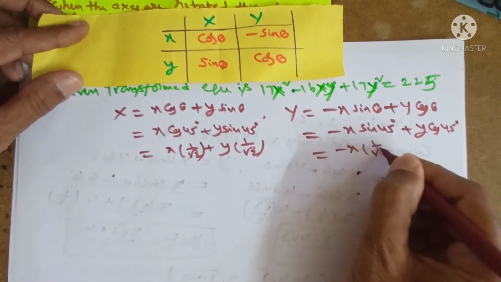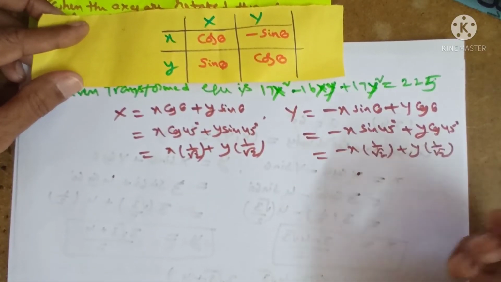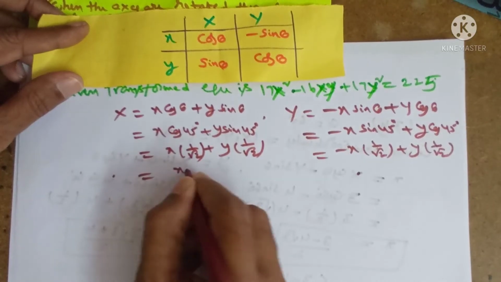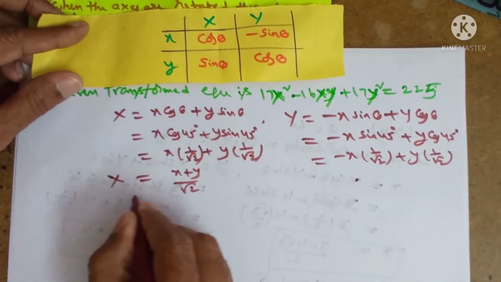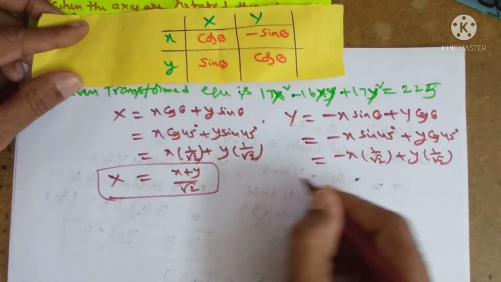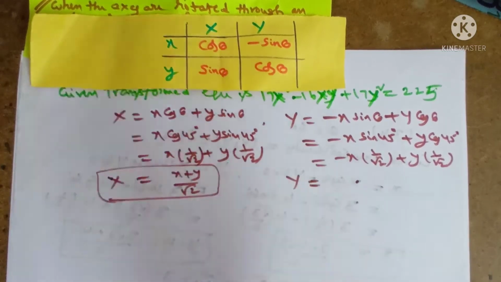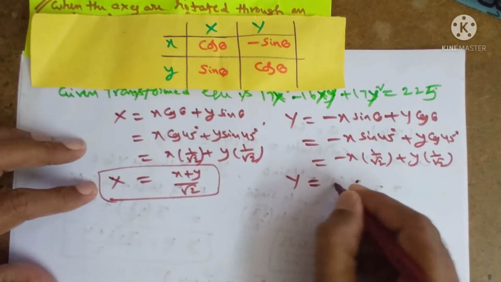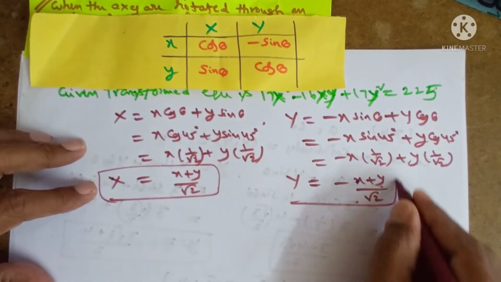Minus x into 1 by root 2, y into 1 by root 2. So capital X is equal to (x plus y) by root 2, and capital Y is equal to (minus x plus y) by root 2.